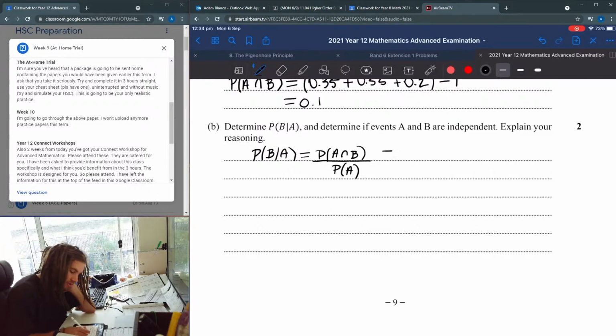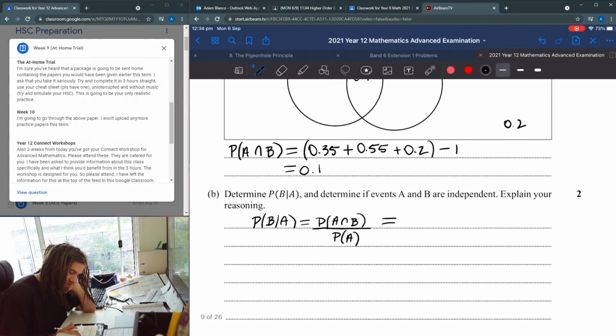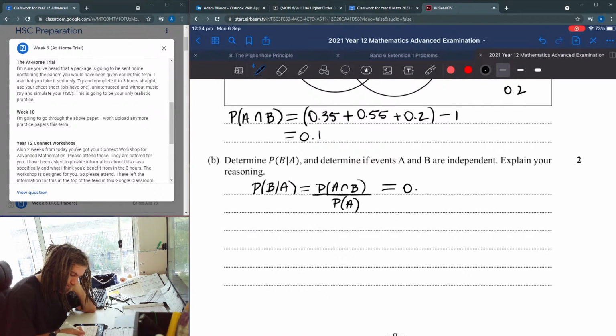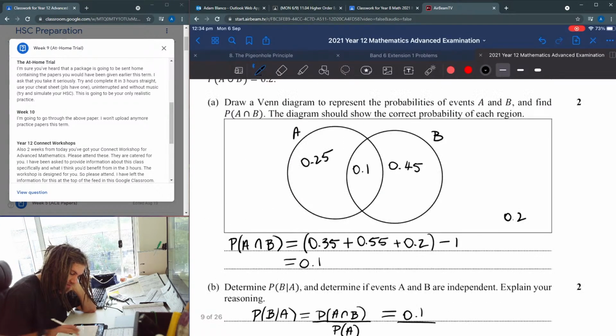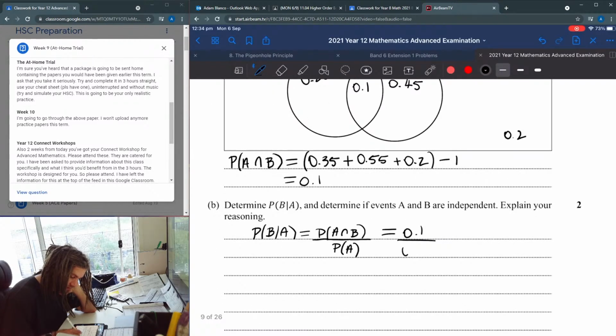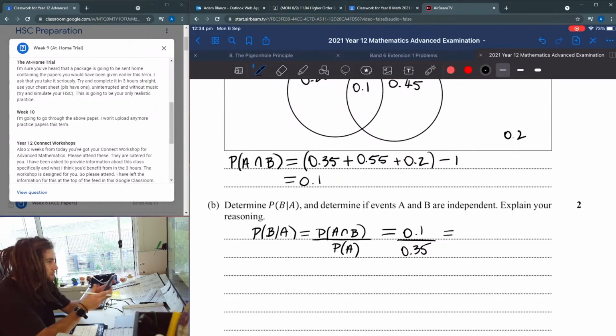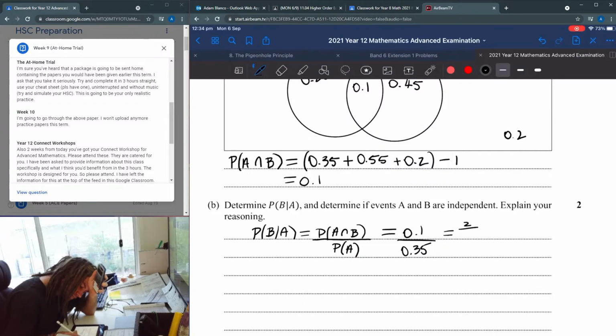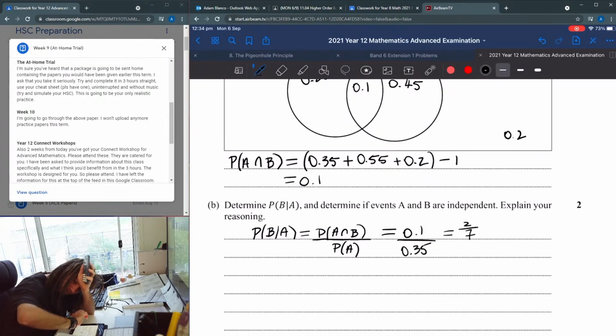Alright, so this is probability of B given A. We found the intersection, that was 0.1. And then probability of A was 0.2, oh no, 0.35. If I simplify that out, that's the same as 2 on 7.